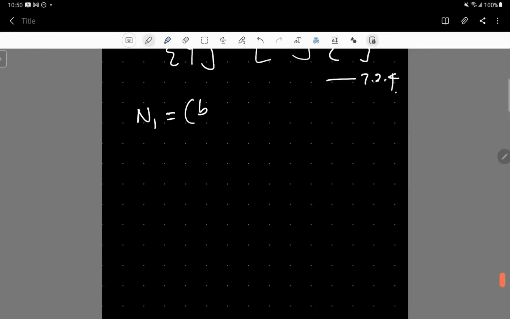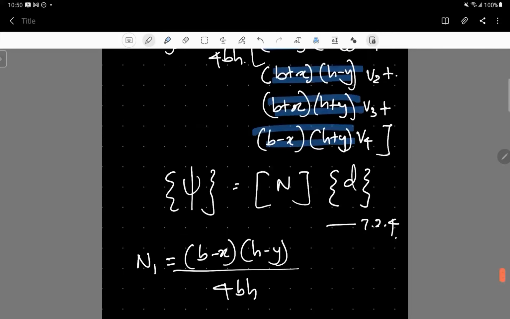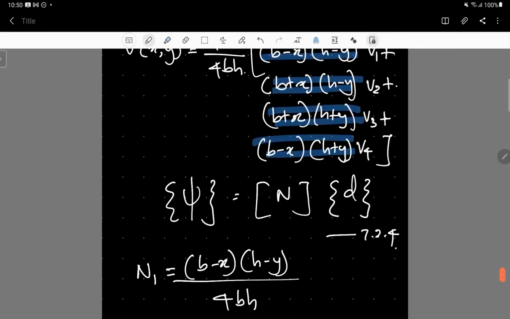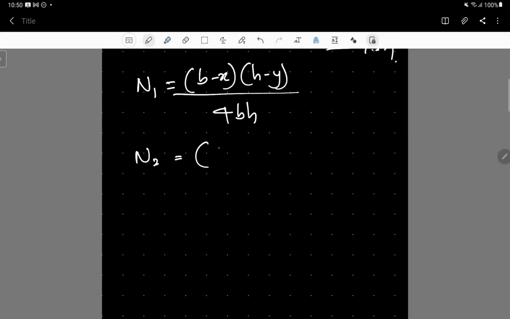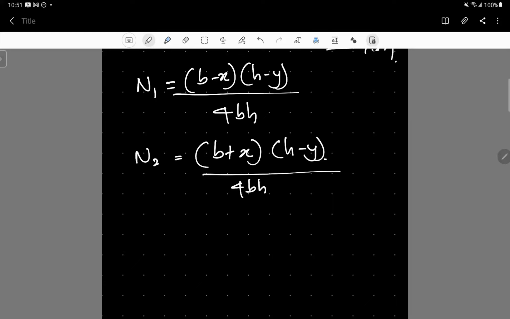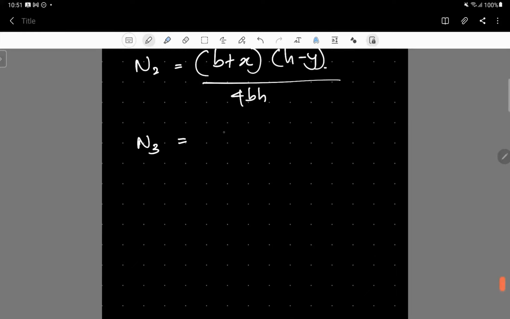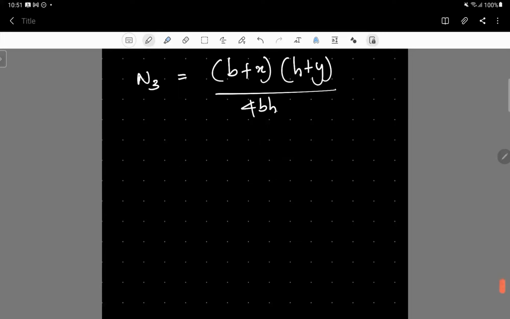N1 would be b minus x times h minus y over bh. Similarly, N2 is b plus x times h minus y over bh, N3 is equal to b plus x times h plus y over bh, and N4 is equal to b minus x times h plus y over bh.